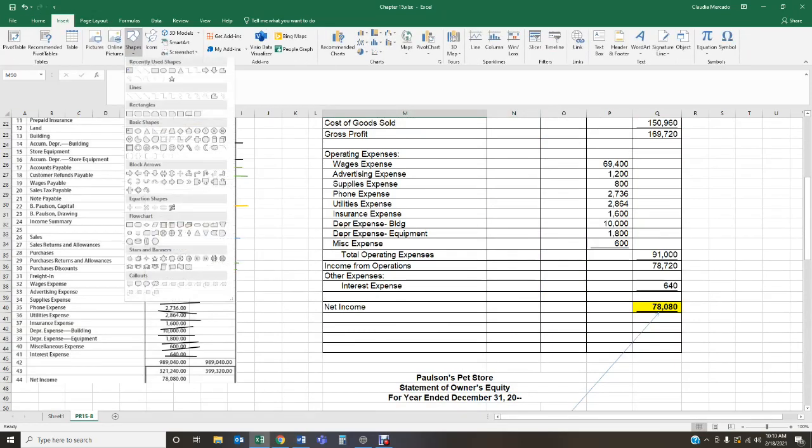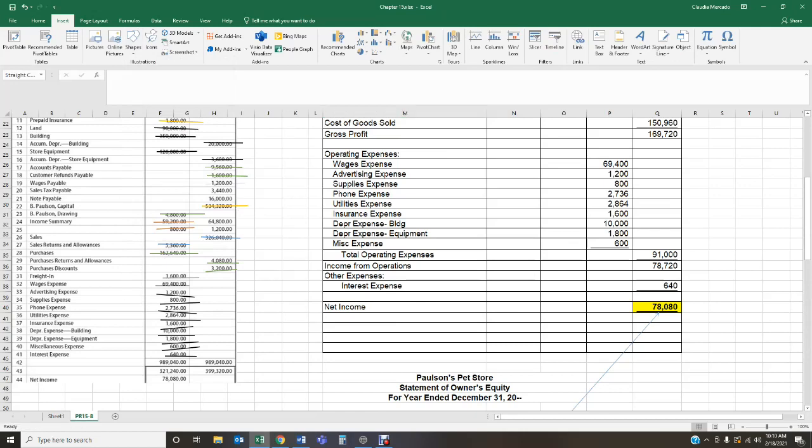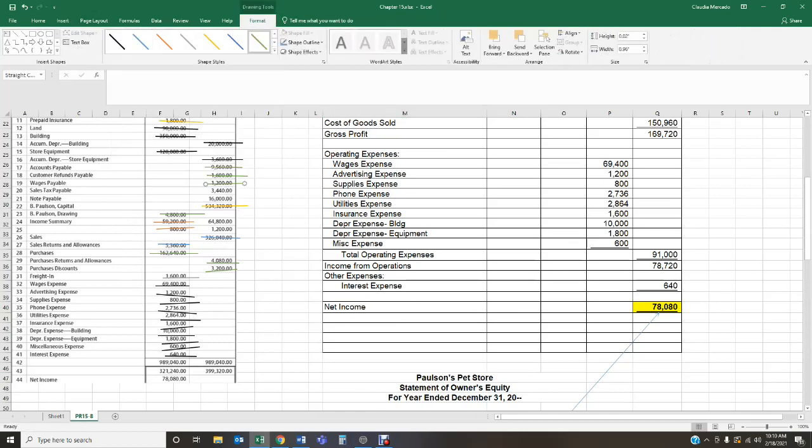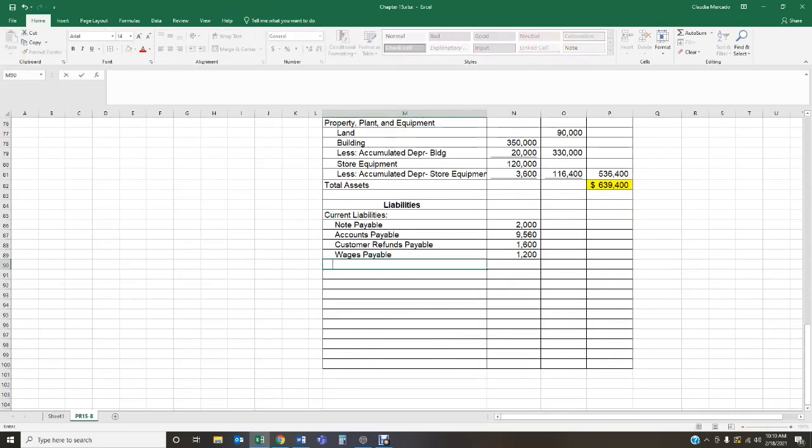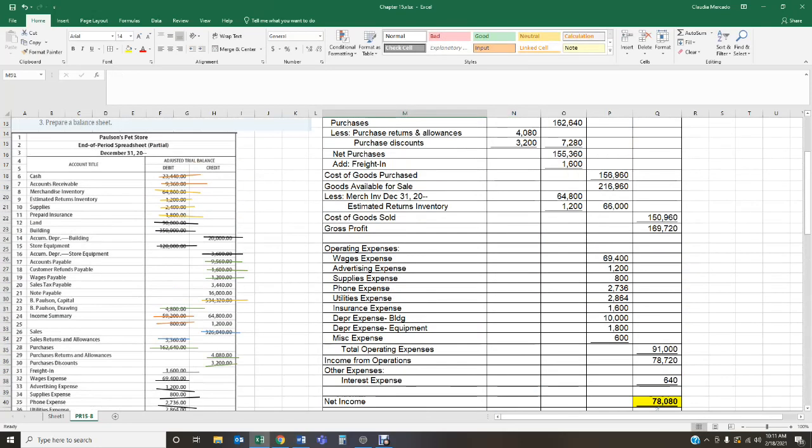Let me mark that off. And then we have sales tax payable of $34.40. Okay, let me mark that off.